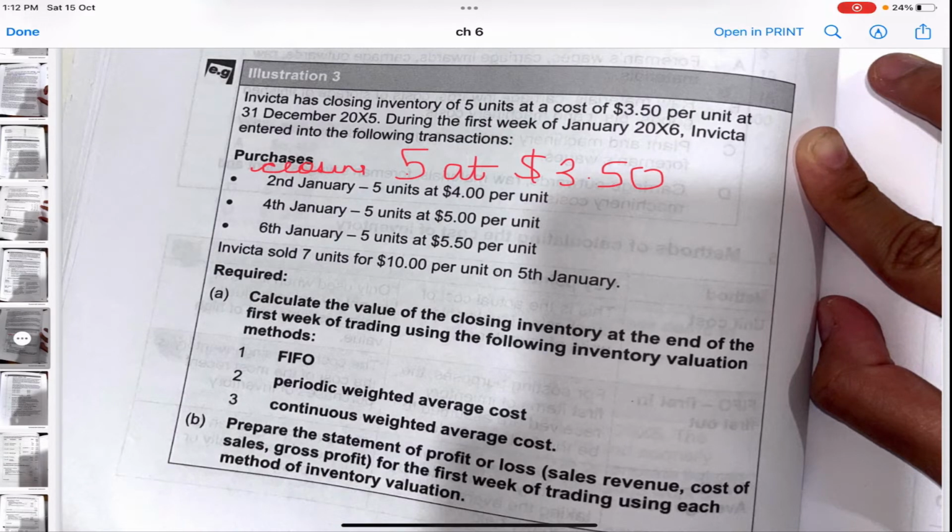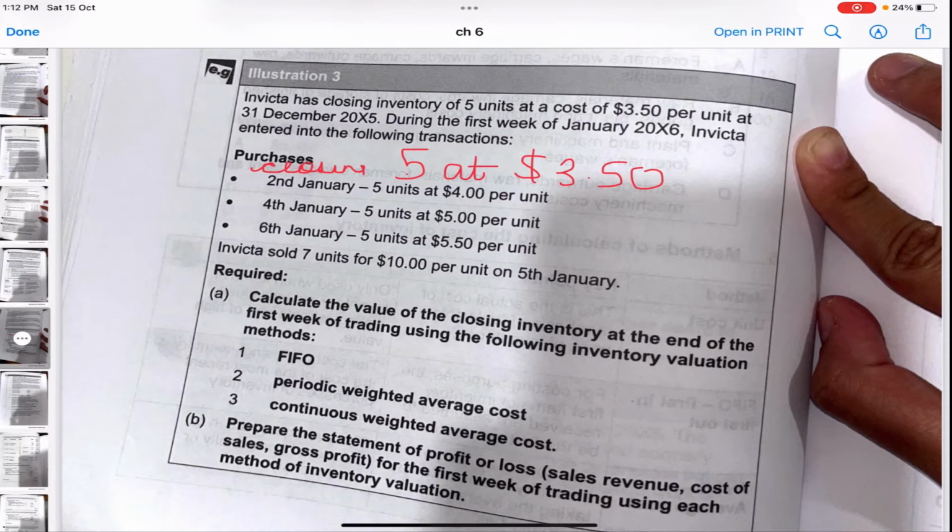Now, if you can recall the formula, we need the total amount of purchases. What will be the total amount of purchases? Think about it. Okay, I hope you came up with the answer.